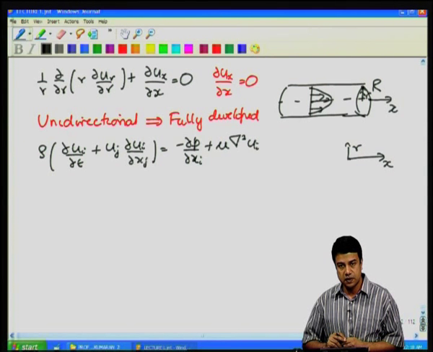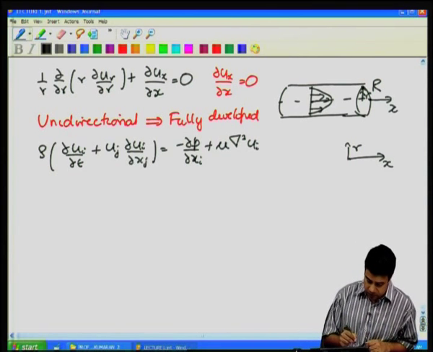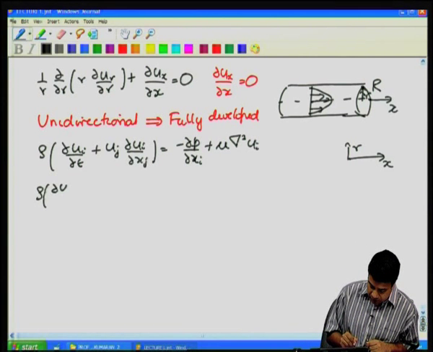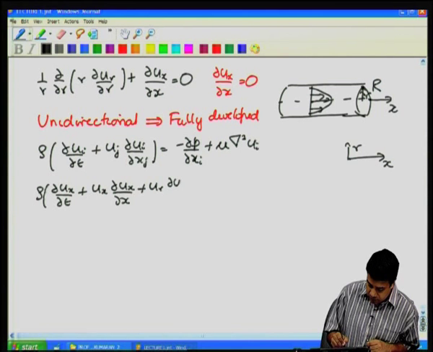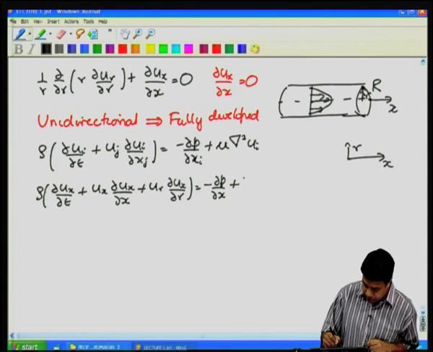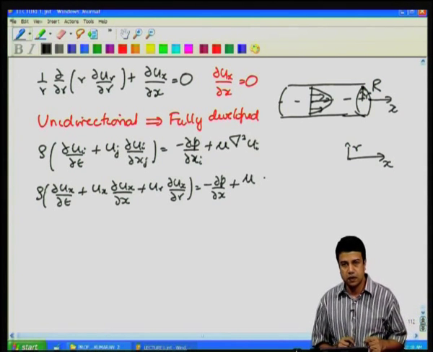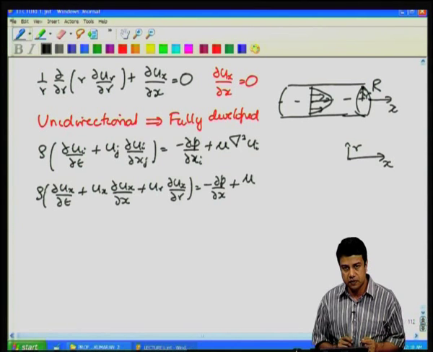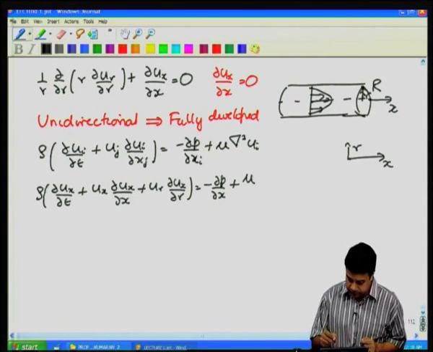Momentum conservation in the x direction, that means i is equal to x. So, you will get rho into partial u x by partial t plus u x partial u x by partial x plus the viscosity times the Laplacian operator acting on the x velocity.